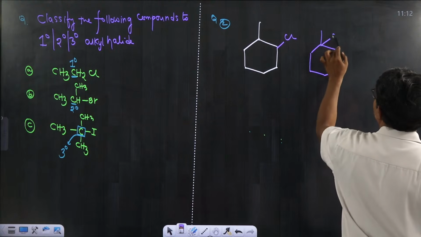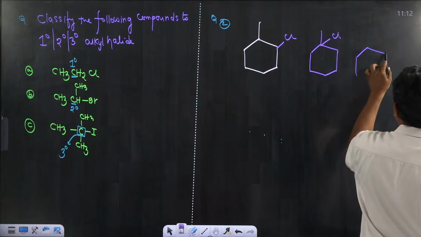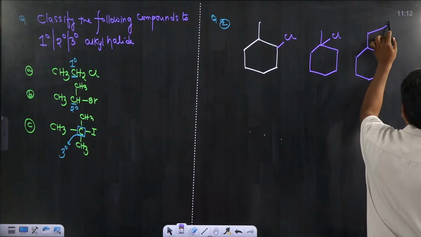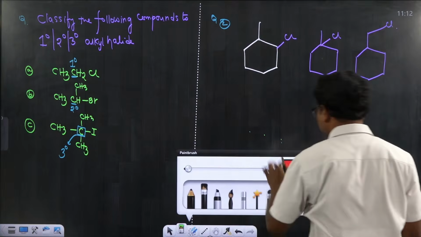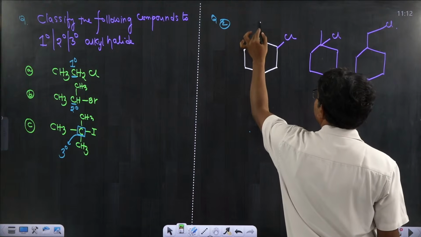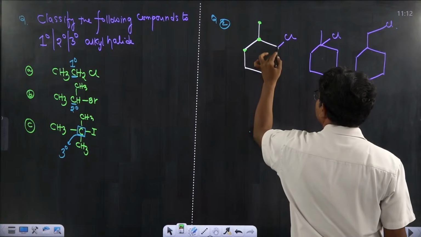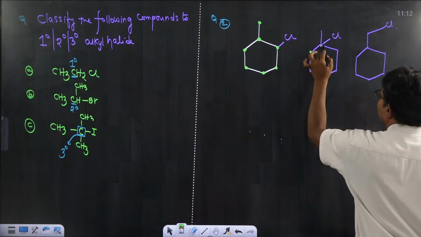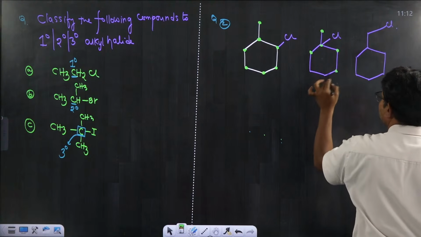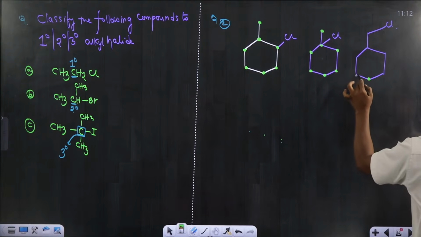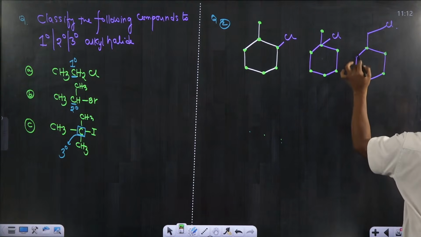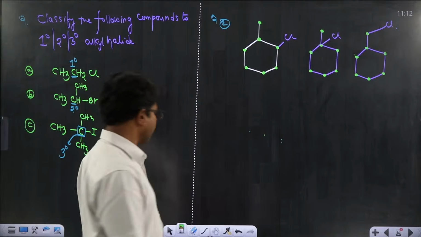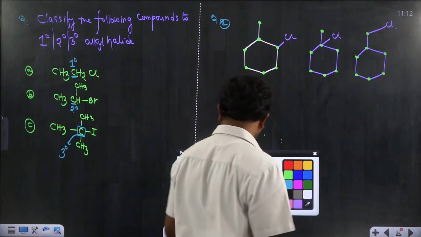Try to work on these examples and classify these compounds into primary, secondary and tertiary. For your easy understanding, I am labelling the location of the carbon. Here this colored dot represents the position of the carbon. Now you can classify the alkyl halides properly and easily. Are you working on these examples? Now, dear students, try to classify these compounds into primary, secondary and tertiary alkyl halides.